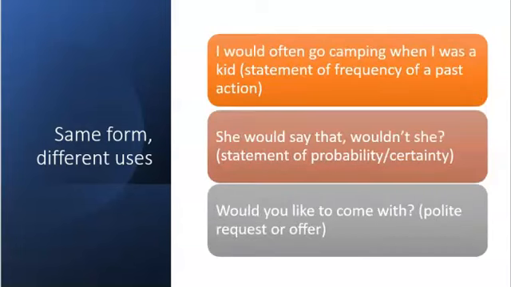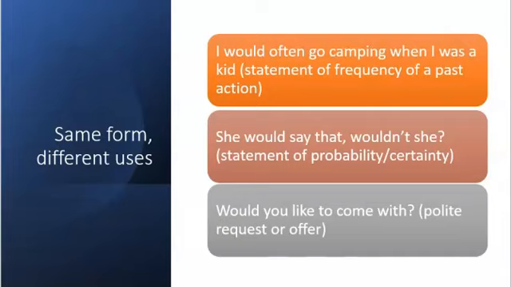Another example, same form. Here the modal is, you found it, would. Different uses. I would often go camping when I was a kid. Here it's a statement of frequency of something you did a lot in the past. Frequent action, would go. She would say that, wouldn't she?